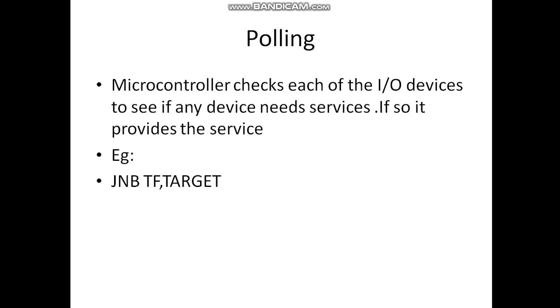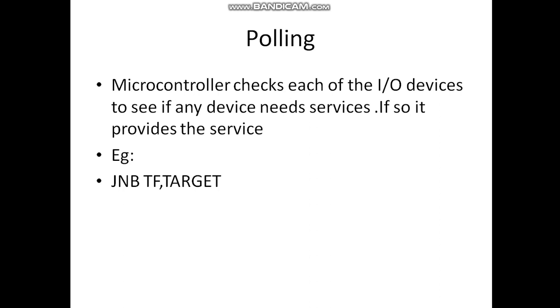If there is no overflow, then this instruction will be executed continuously. Only when there is an overflow will the microcontroller come out of this instruction. So in this particular example, you can see that the microcontroller is simply wasting its time by continuously monitoring the timer overflow flag bit.